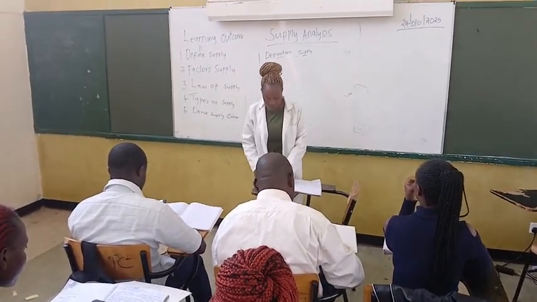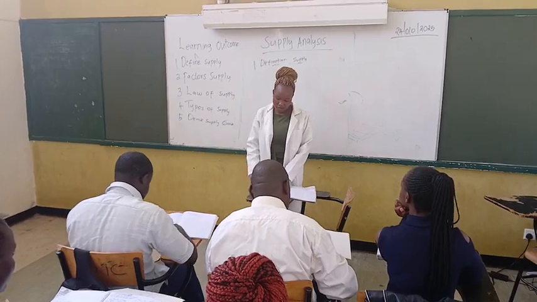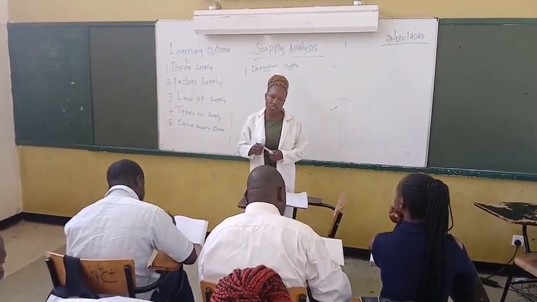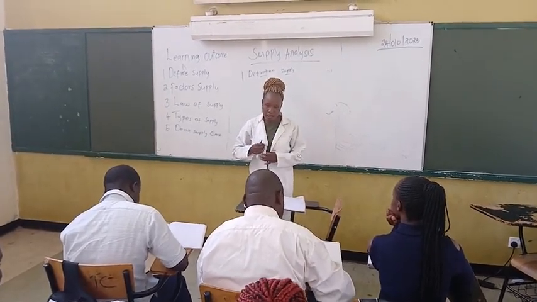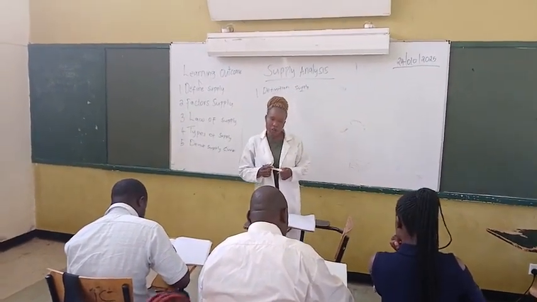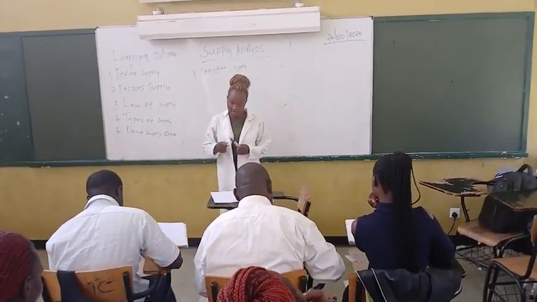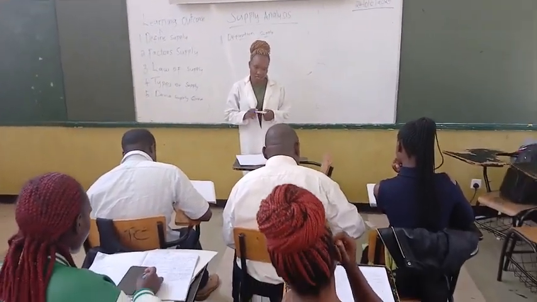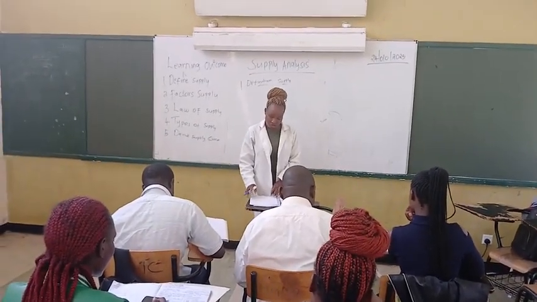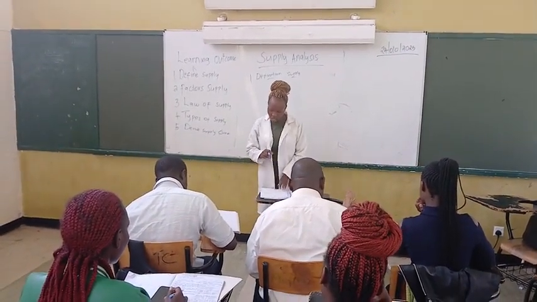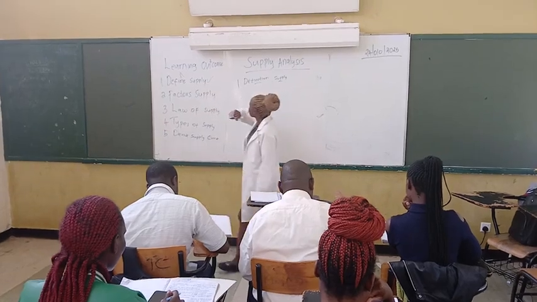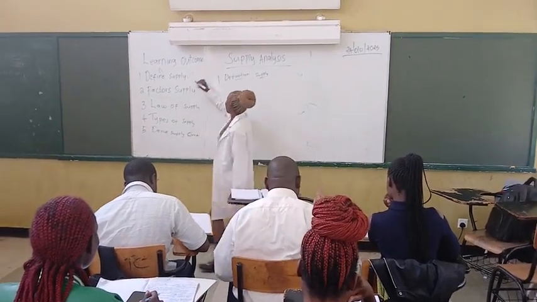So supply refers to the quantities of goods that suppliers are willing and able to supply over a given period of time at a given price. Are you okay with the definition? Okay, let's proceed. We are done with this. Let's proceed to factors.